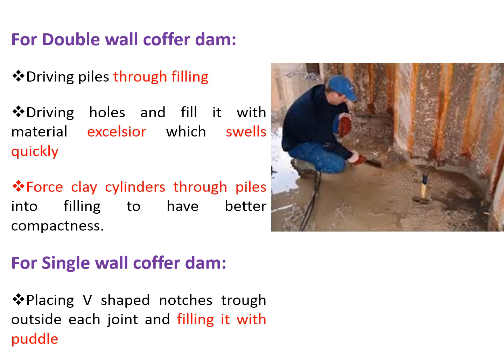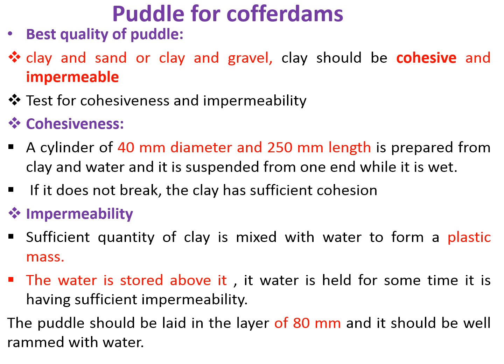Now next, for a double wall cofferdam, is puddle. So what is puddle? It is a mixture of clay and sand or clay and gravel, and the clay which is utilized is cohesive and impermeable. Generally we have to do tests for cohesiveness as well as impermeability. To know the cohesiveness, a cylinder of 40 mm diameter and 250 mm length is prepared from the clay and water.